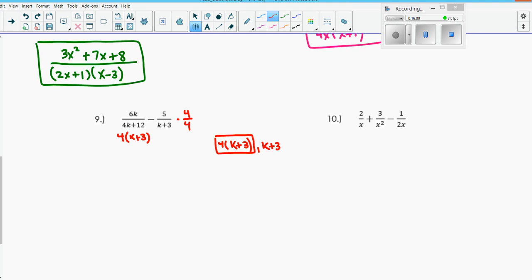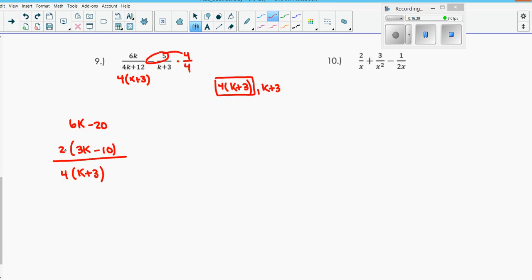So my first numerator is actually going to stay the same at 6k. And then I want to make sure that I have a minus 5 times 4, so that would be a minus 20. I can factor a 2 out of this, making it a 3k minus 10. And that's all over my least common denominator, which was 4 times k plus 3.